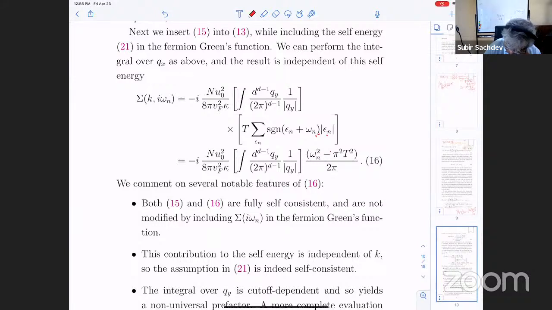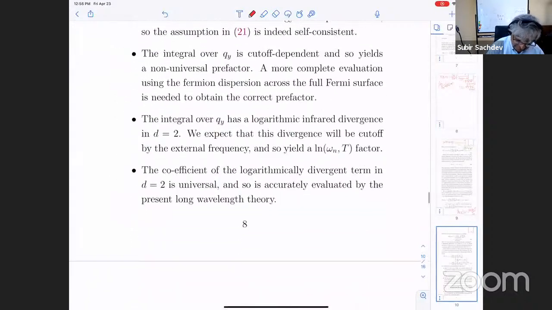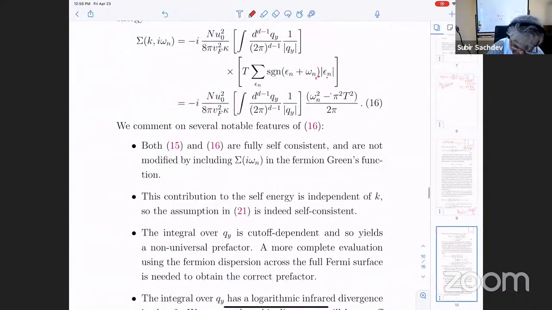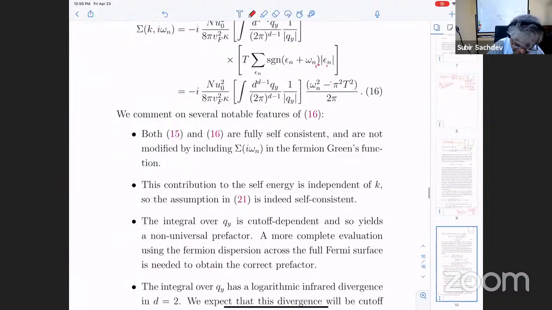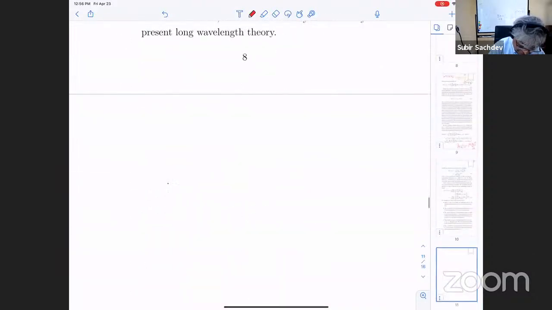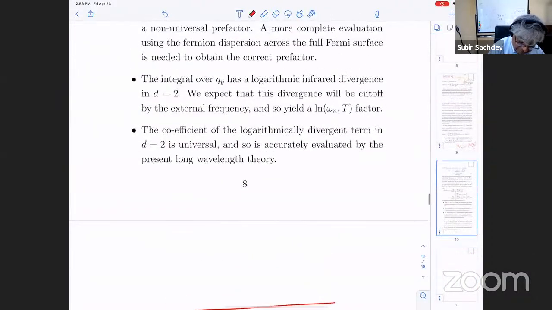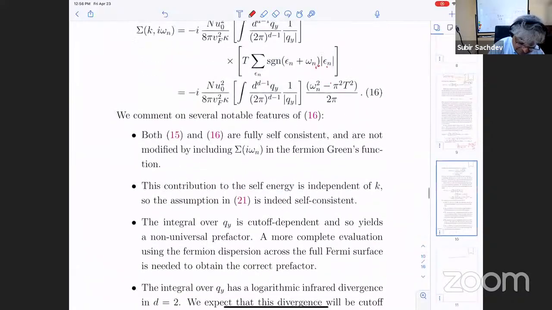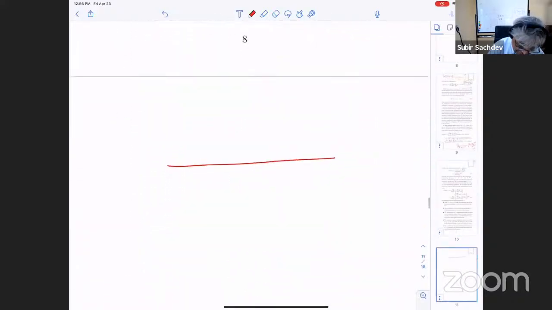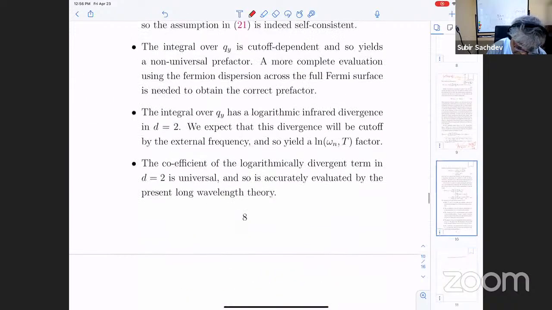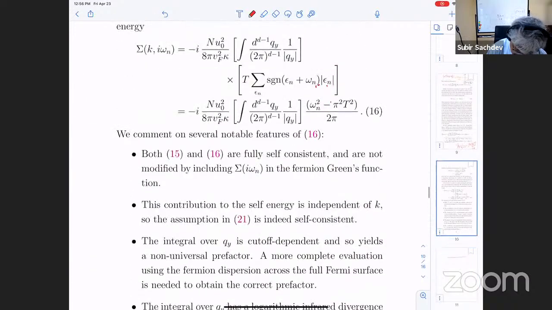It's a fun mathematical exercise. If you look at this object here, sign of epsilon_n plus omega_n, as a function of epsilon_n, it changes sign. There are lots and lots of cancellations here.